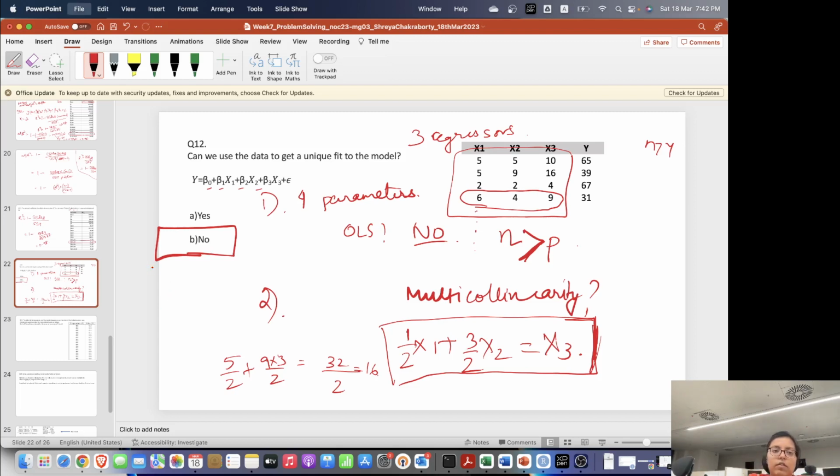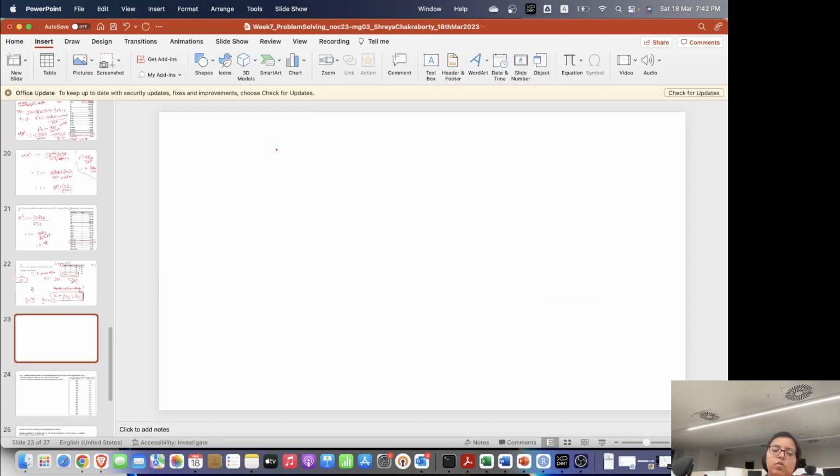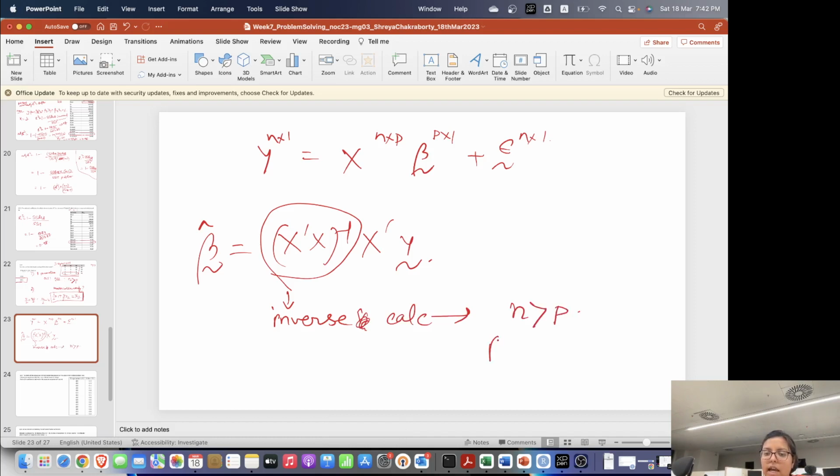Because in the multiple linear regression framework, if we write it in a matrix format, let's say y n cross 1 equals X n cross p, beta p cross 1, plus epsilon n cross 1, then beta hat is (X prime X) inverse X prime y. This inverse calculation requires n to be greater than p and rank of X to be exactly equal to p.